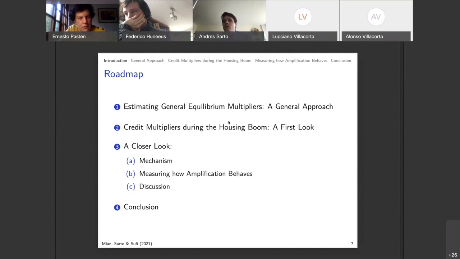But then when we get to the model, some of those concerns might be eased. This is going to allow me to very quickly show you some numbers, some great multipliers. After that, we're going to pause and take a step back, think about the mechanism, go to a model deeply, and then derive these other predictions so that we can go back to the data and actually look at these other predictions. Okay? Any question so far?